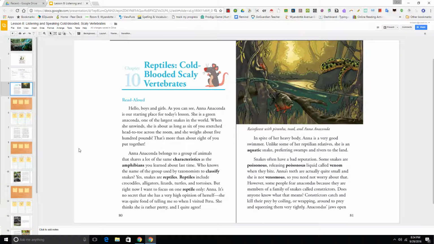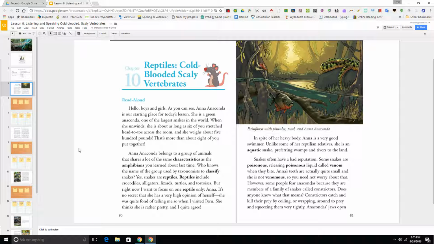Anna Anaconda belongs to a group of animals that shares a lot of the same characteristics as the amphibians you learned about last time. Who knows the name of the group used by taxonomists to classify snakes? Yep, snakes are reptiles. Reptiles include crocodiles, alligators, lizards, turtles, and tortoises. But right now I want you to focus on one reptile only, Anna.